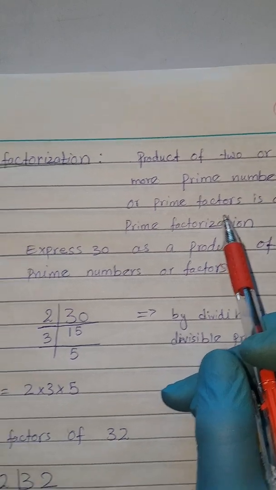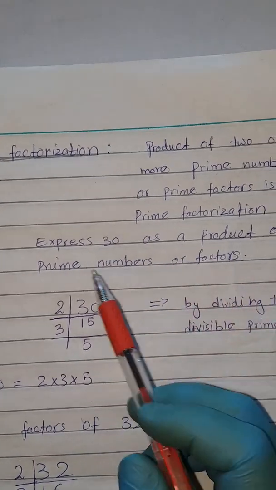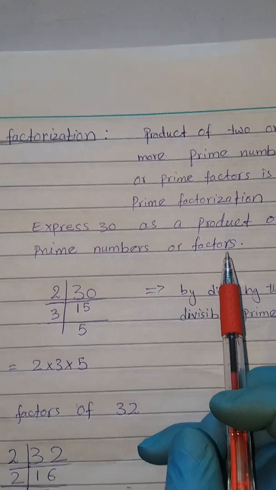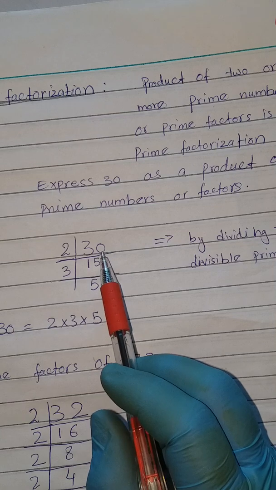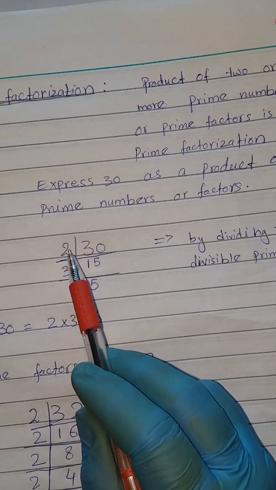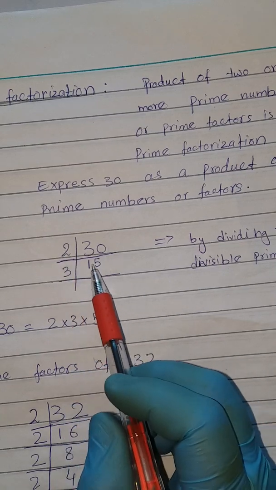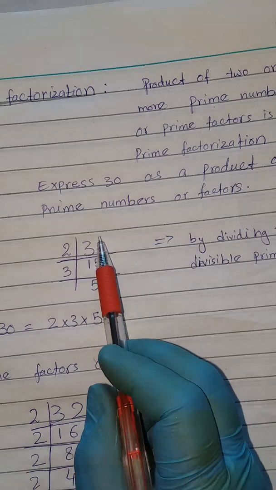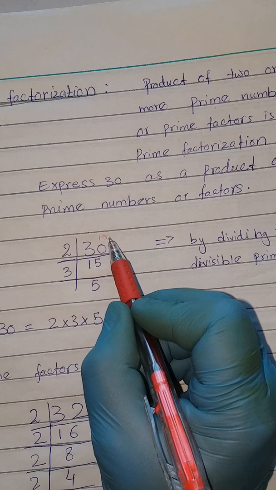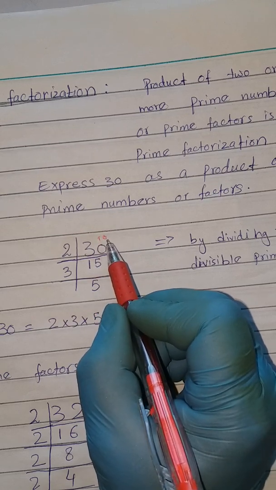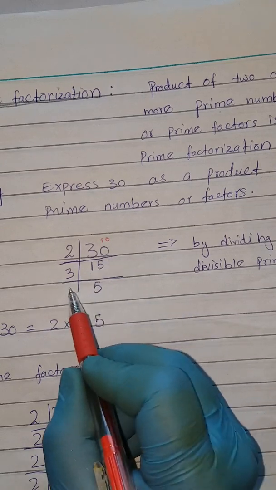So now we will see an example. For example, if we express 30 as a product of prime numbers or factors, I will use the division method. We will divide by the smallest divisible prime number. Do you know this method? 2 what times makes 30? 2 fifteens. 2 ones are 2, and when I carry 1, it becomes 10. Do you know this short method of division? 2 fives are 10, it becomes 15, and then 3 fives are 15.